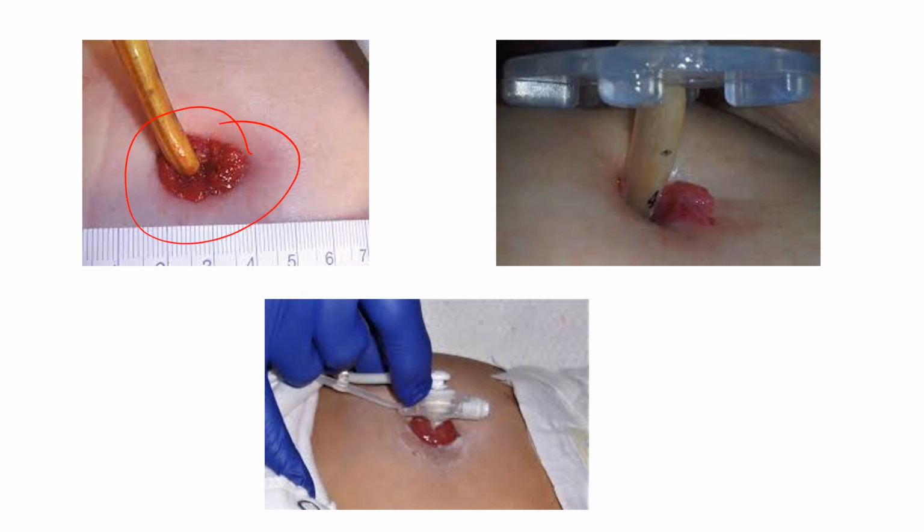So you can see here, it looks like it would be painful, but it really is not harmful. And usually the provider, the doctor, won't really do anything about it unless it starts to interfere with the patient's care or becomes bothersome. And they will debulk it, usually with silver nitrate sticks. They can do that at the bedside, or if it's really severe, they can always take it in and use a scalpel to cut it off.